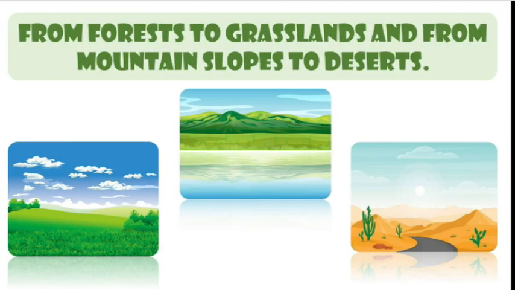From forests to grasslands and from mountain slopes to deserts where animals live. So you can see from the slide a picture of a desert and a picture of a grassland, even a picture of a mountain slope. So these are also some of the habitats where some animals live.